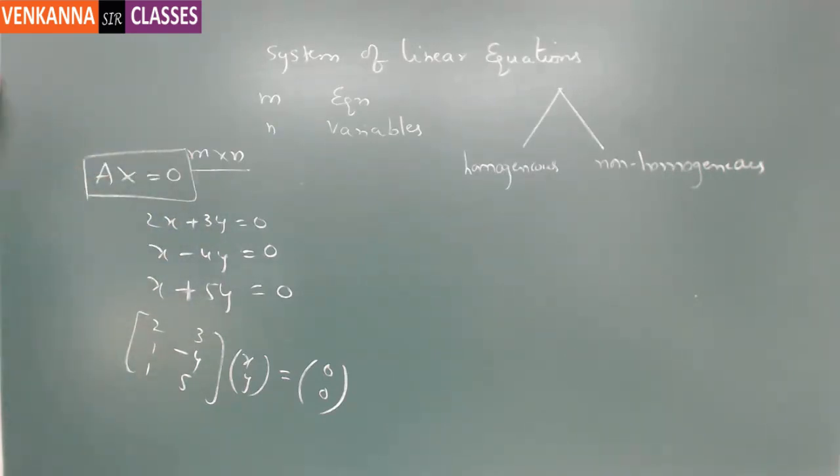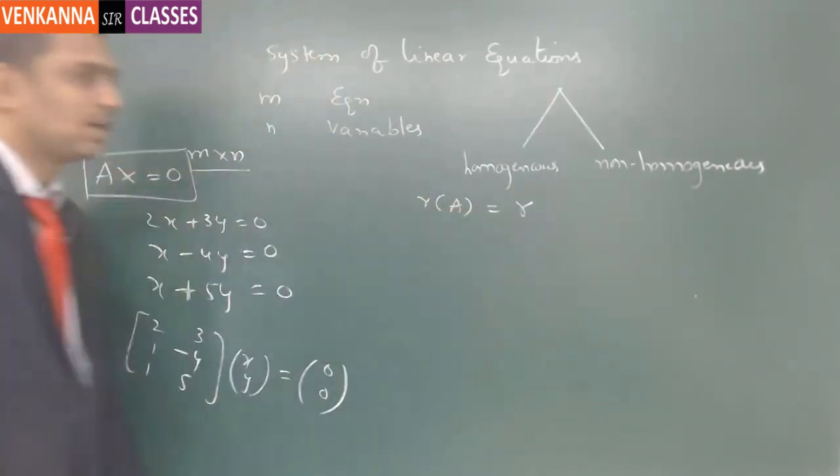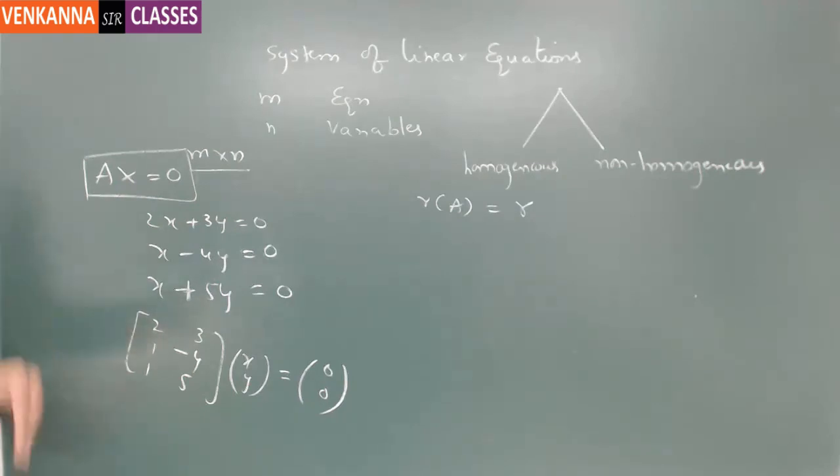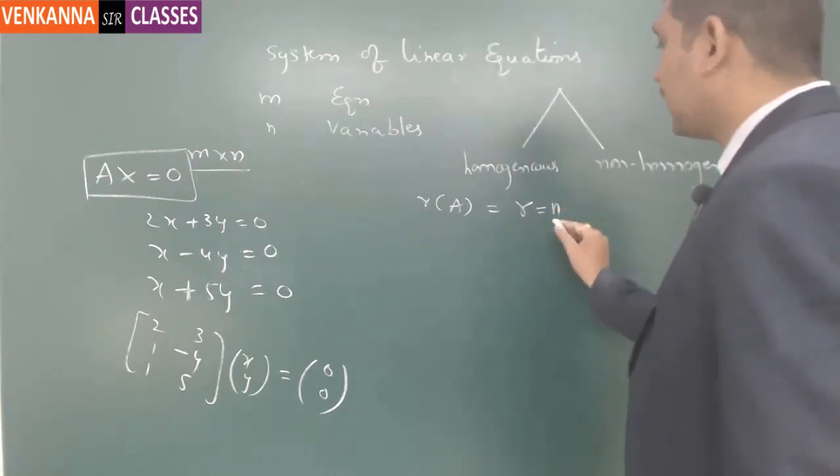Now, coming to the solution part, whenever you have a homogeneous system given, we represent that system as an equivalent matrix system like this, and we apply row operations on this coefficient matrix and find its rank. Suppose the coefficient matrix is A and the rank of A is equal to R.